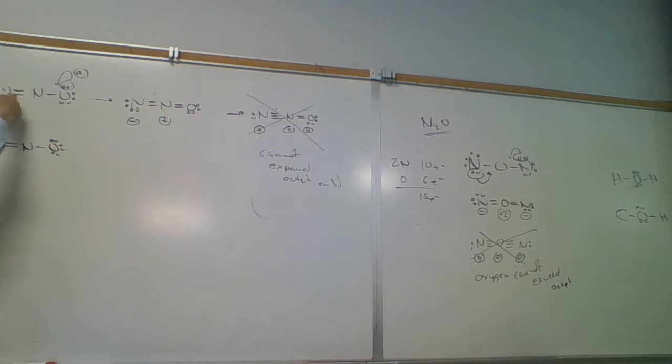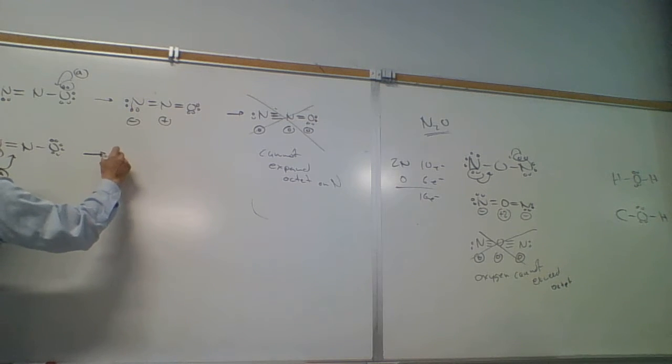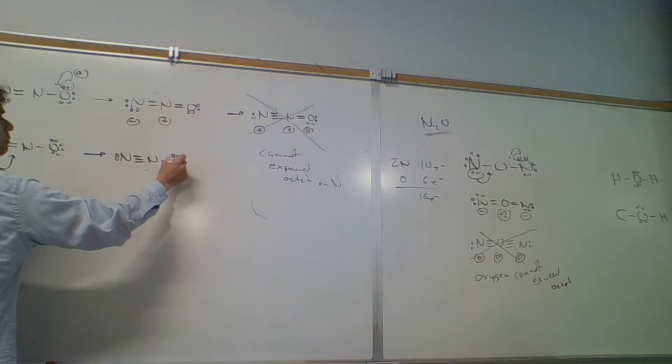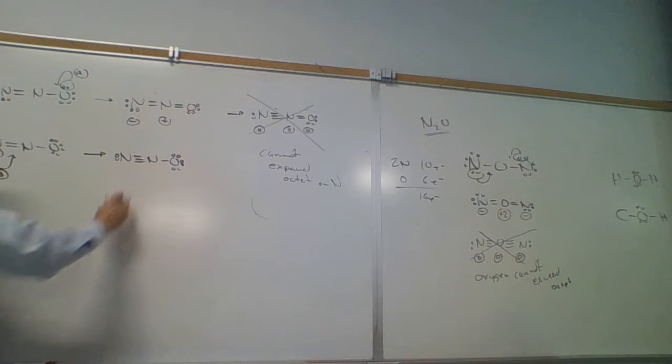We end up at the same spot here, but rather than having oxygen sacrifice, let's have nitrogen sacrifice again. We'll call that B. And so what we end up with is a nitrogen triple bond here, but a nitrogen oxygen single bond here. Does everybody have an octet? Yeah, everybody has an octet.